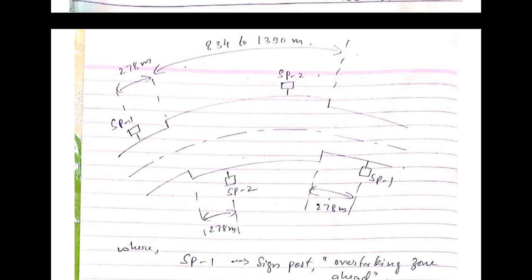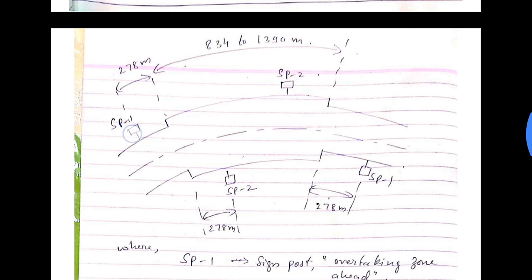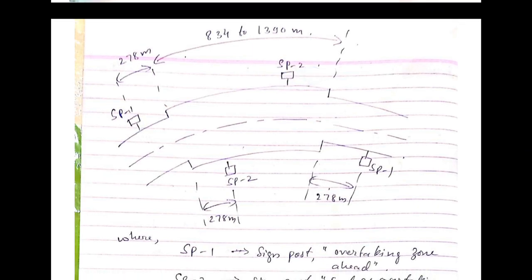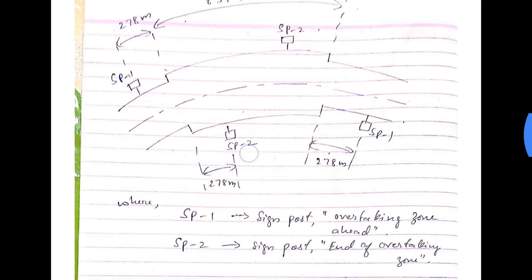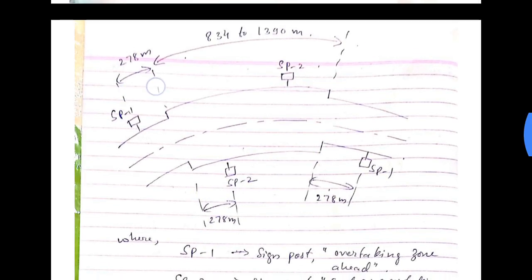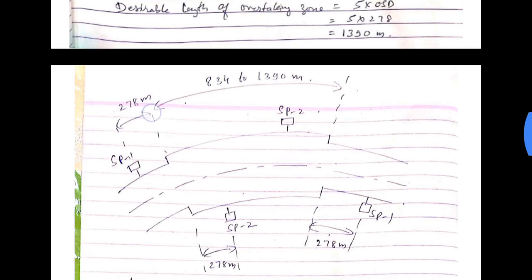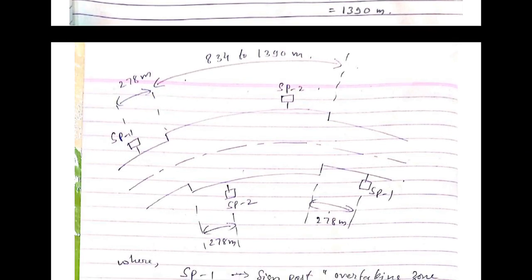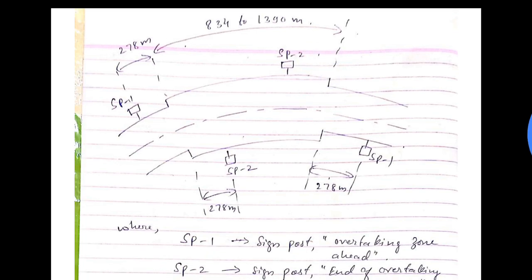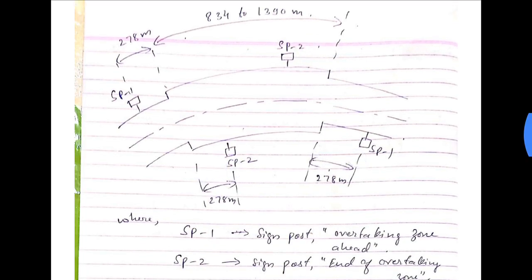There is a signpost SP1 here and SP2 here for this direction, and from this direction SP1 here and SP2 here. The distance from the overtaking zone would be equal to OHD. OHD is 278, so this is 278, this is 278, and this is 278.